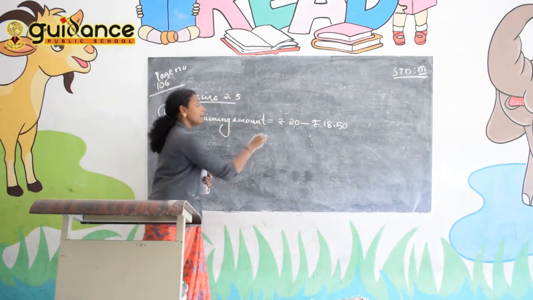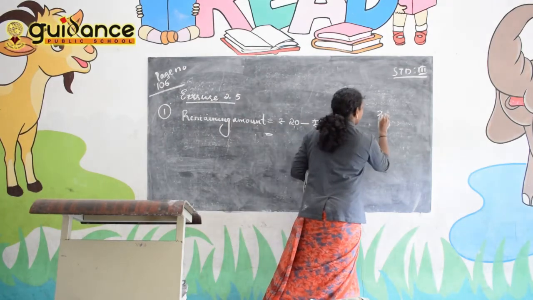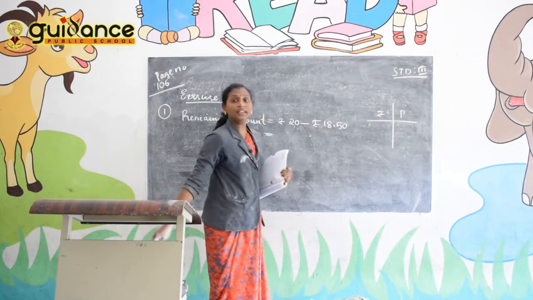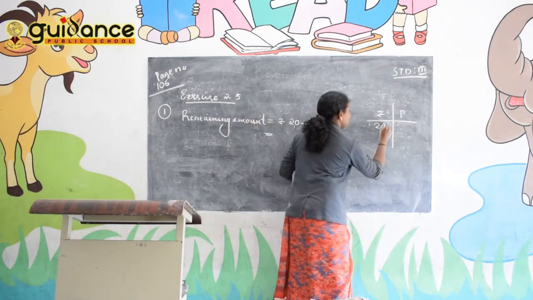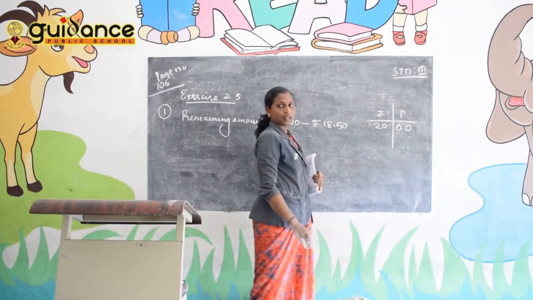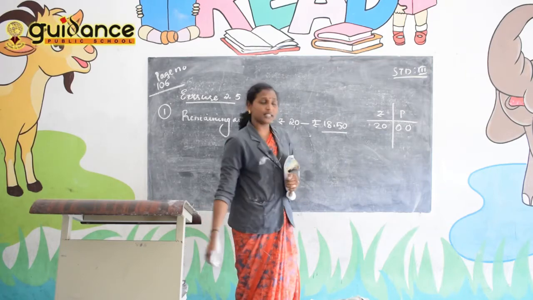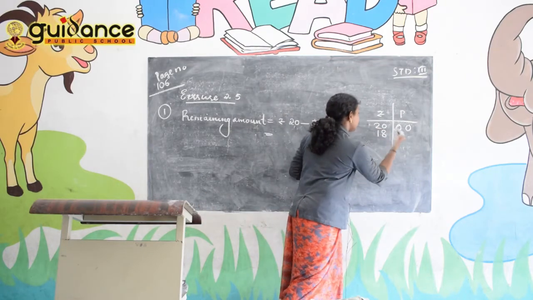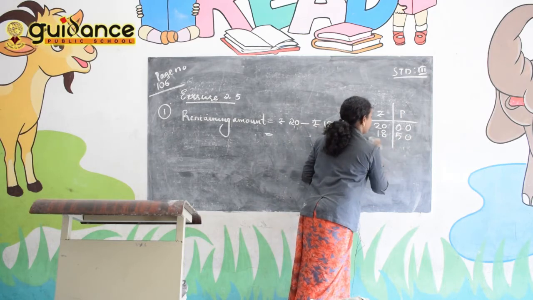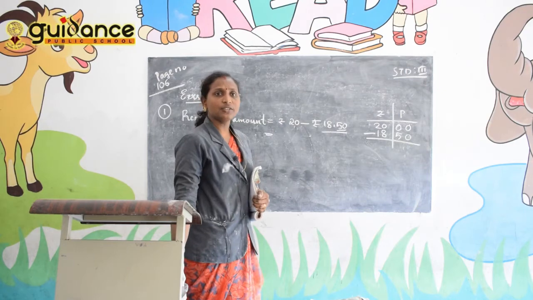So this is the balance amount. So we will do the subtraction. Rupees, paise. His 20 rupees, that means 20. How many paise? 0. The next, 18 rupees 50 paise. Then subtract.